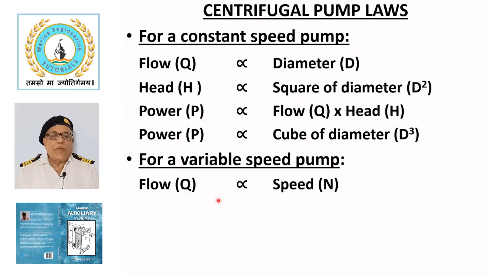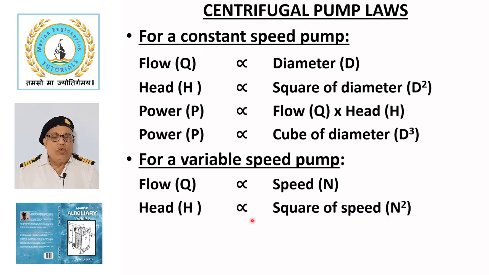Flow Q is proportional to speed N. For a pump, flow rate Q varies directly with the pump speed N. Head H is proportional to square of the speed, that is N squared. Head H developed by the pump varies directly as the square of the pump speed.